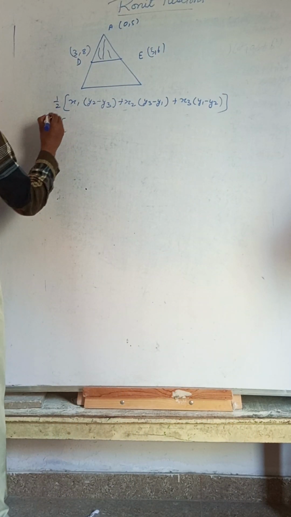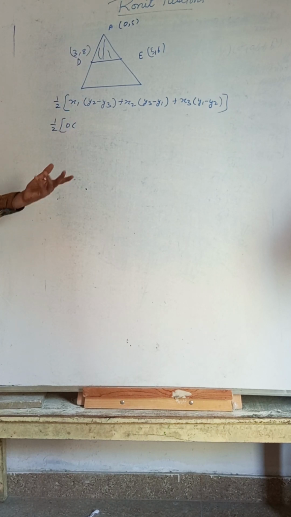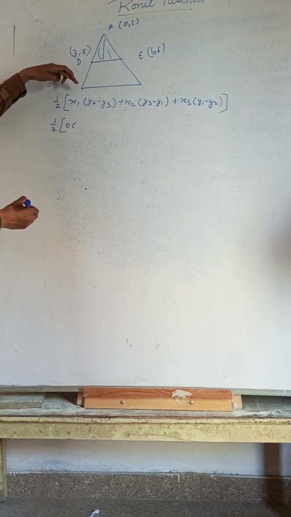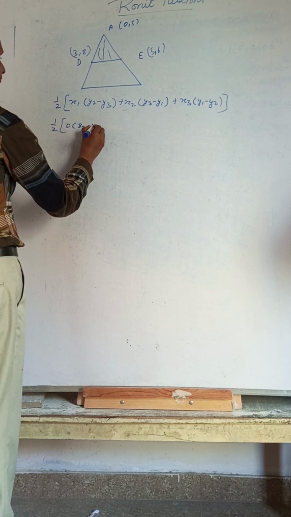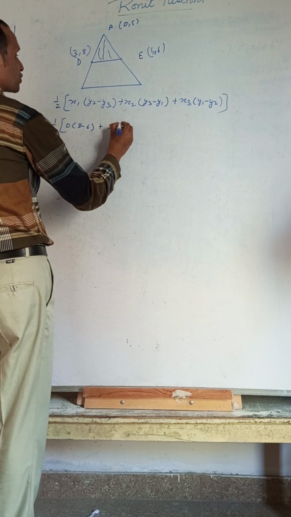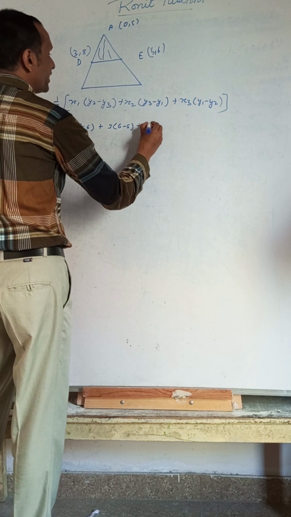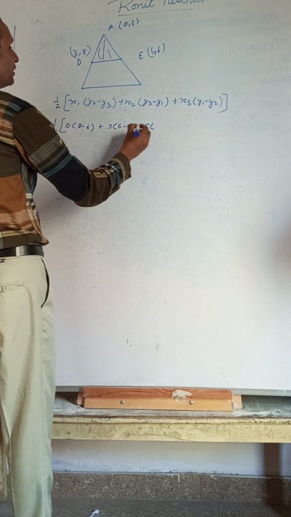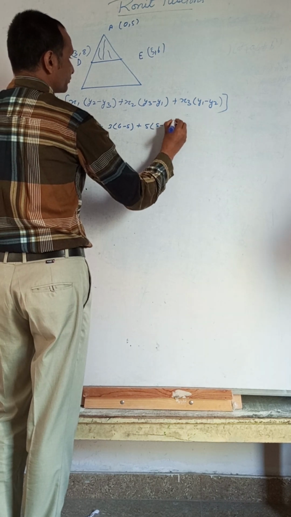Half bracket, x1 value 0 into whatever, 0 multiplication will come 0. Then y2 is 8 minus 6, plus x2 value 3, y3 value 6 minus 5, plus x3 value 5 into y1 value 5 minus 8.